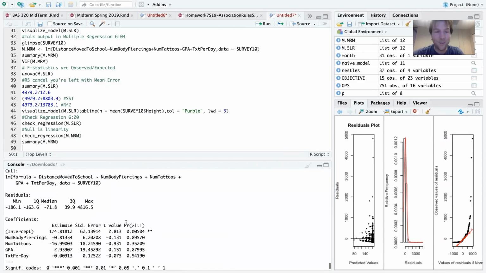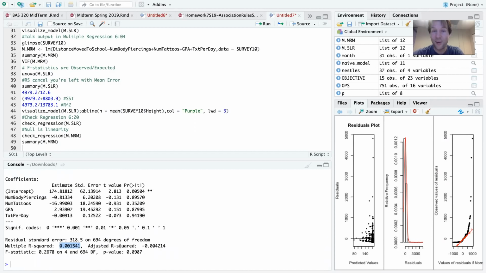One, the model is just junk. Nothing in the model is significant, which you can have, interestingly enough: nothing in the model is significant and the model is significant. This is the significance of the model. The model is horribly insignificant. None of the variables are significant. That's not a major concern. It's more of a concern that the model itself is not significant.